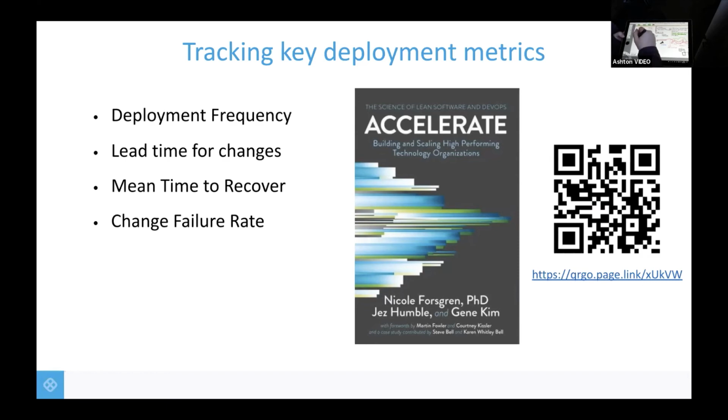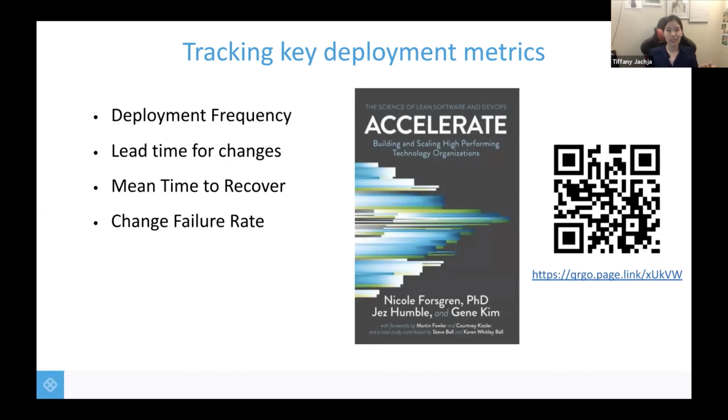And really, if you can track these things based off of your deployments and your history, if you can even get a dashboard on this, it's really setting you on a good trajectory for being able to optimize your software delivery pipelines. Because, for example, if you have a poor change failure rate, it could be an indication that you don't have enough integration tests or code quality gates, right?